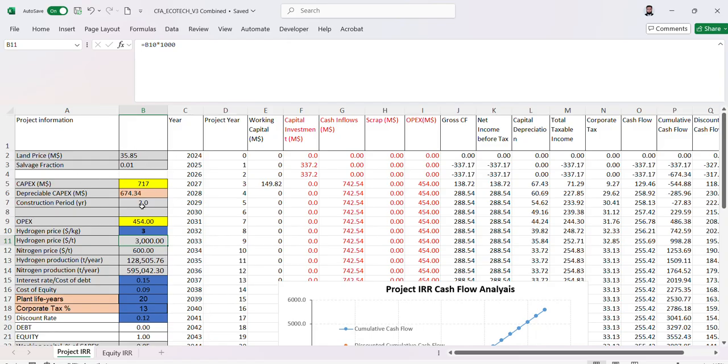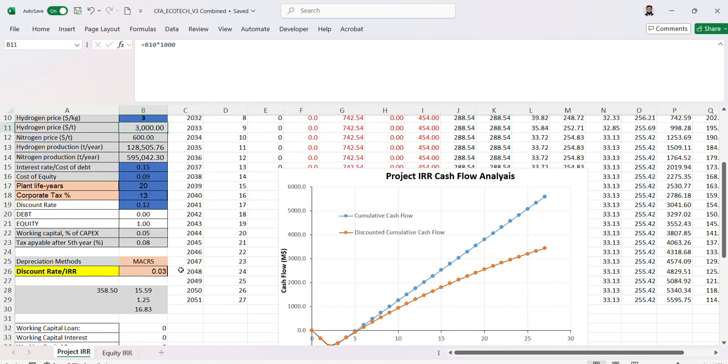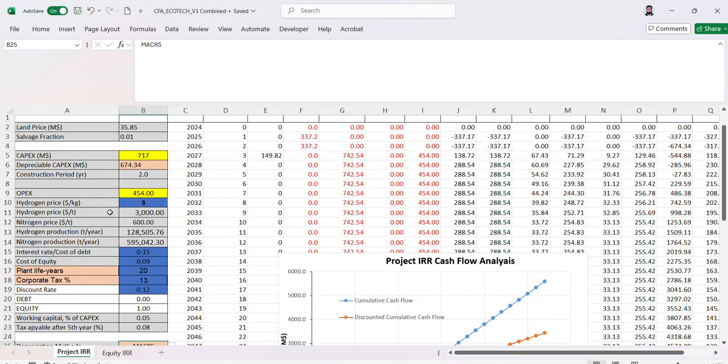These will not impact too much, but these are the key parameters you need to consider before investing in any project: discount rate or internal rate of return, depreciation method, and the price of your product.